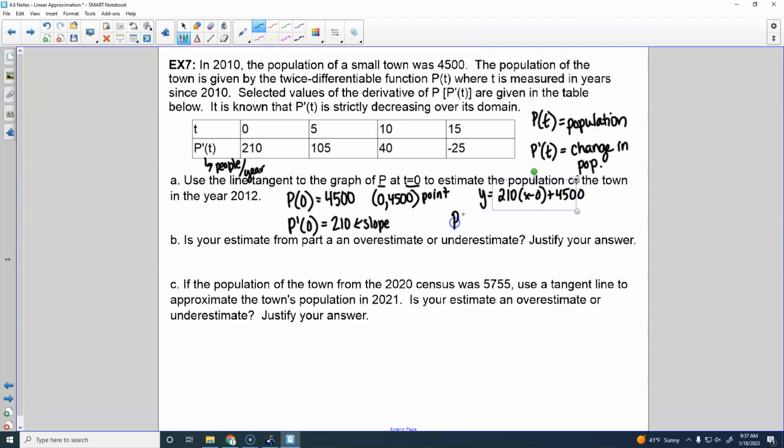So p of 2 is approximately 210 times 2 plus 4,500. And that's 420 plus 4,500, which would be 4,920.